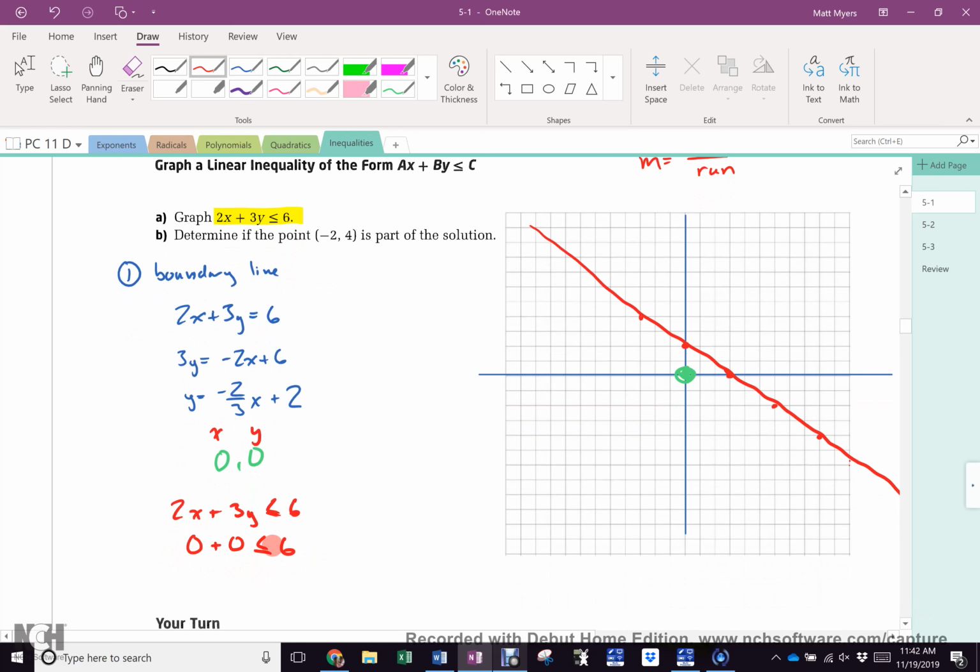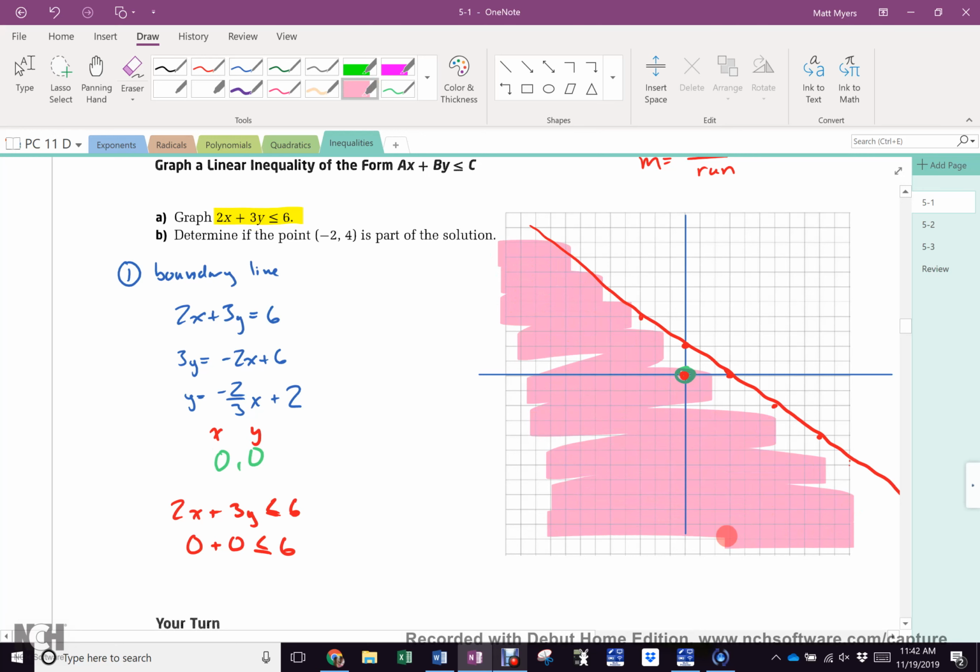Is that less than 6? Yeah. So is 0, 0 a solution to this inequality? Yes. Which means every single point on this side of the line is a solution. All of them.